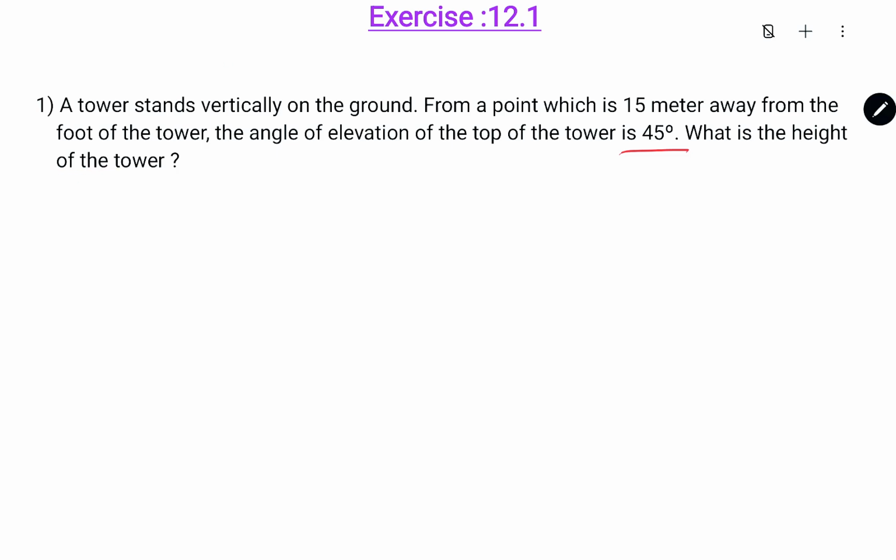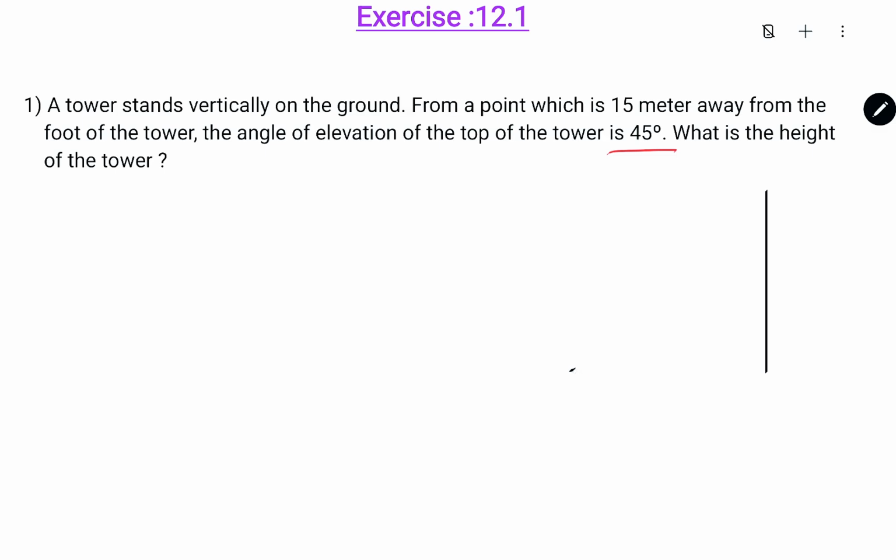First we draw a figure from the given question. Draw one vertical line; the distance from the point to the foot of the tower is 15 meters. Now the angle of elevation of the top of the tower is 45 degrees.